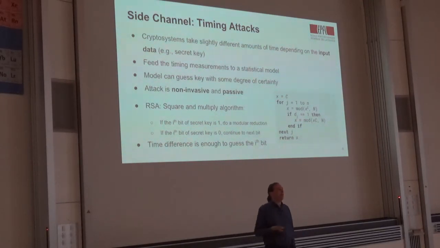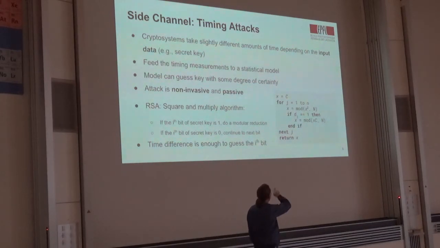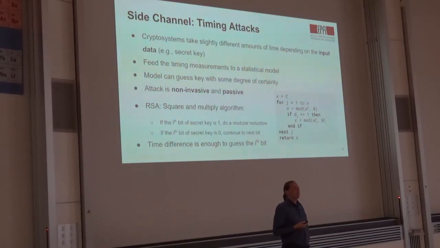We want to compute the same thing, but without actually doing a conditional branch. Can anybody guess how you might recode this RSA loop to be constant time, so that the execution timing will never depend on the value of d sub j, while still computing that same thing? Any ideas?